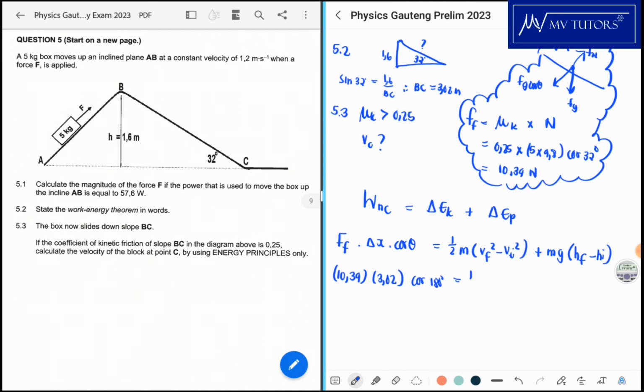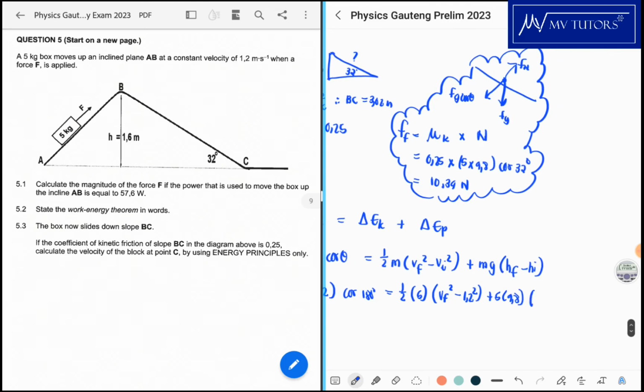Okay, and then we have half mass. Mass is 5 kilogram. We're looking for the final velocity. The initial velocity is 1.2. And then we have our mass, 5 times 9.8.